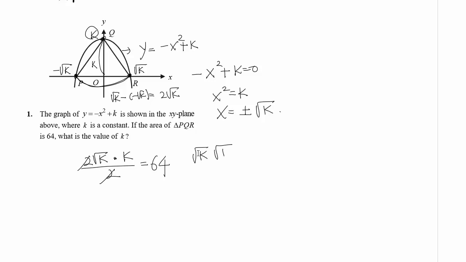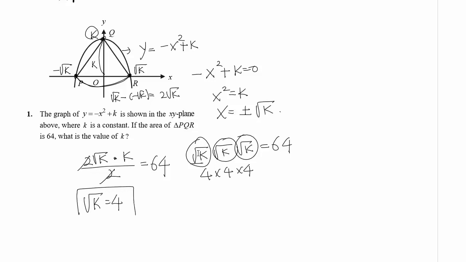K is what? Square root k times square root k, isn't it? That is 64. So each number is how much? 4, right? That means square root k is 4. From this we can find the value of k, right? Make a square, right? Okay. K equals 16. That's the answer.